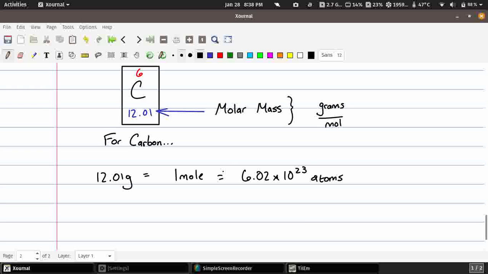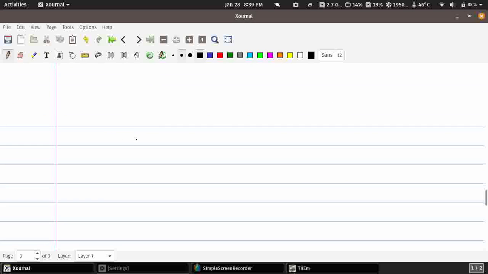All 3 of these are equal, and you can convert back and forth between them. I'm going to show you a problem later where that's what we're going to be doing. So if you need to see that, just go back and pause it. Or you could print the notes out beforehand, either way. So anyways, molar mass is also a conversion factor.